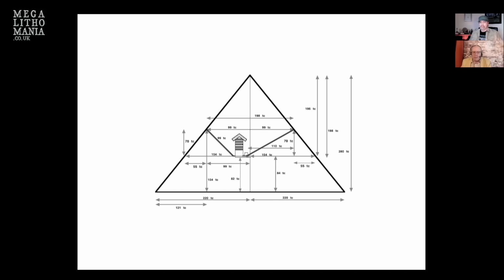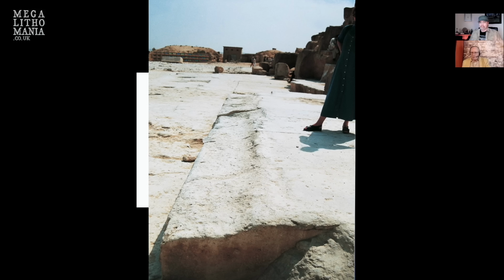It's not shown on this diagram, but anyway, there's a rough cave at the bottom of the Great Pyramid. And of course, if you go on the eastern side of the Great Pyramid, you will find the black basalt pavement that was smooth and looked like the night sky. I don't have a picture of it here. I have another one actually, so I could attach another picture at another time.